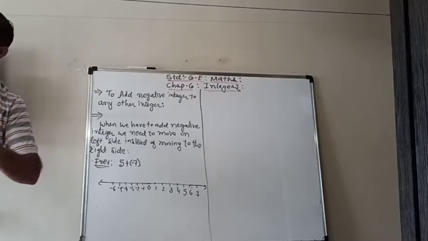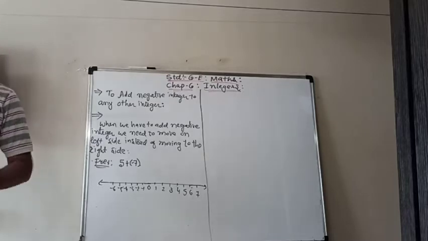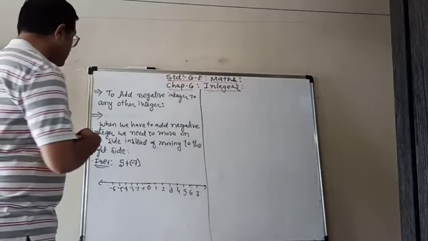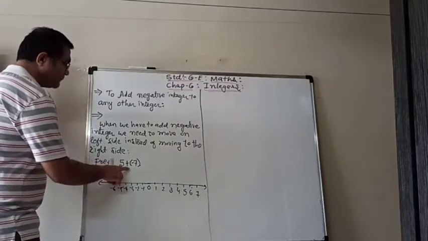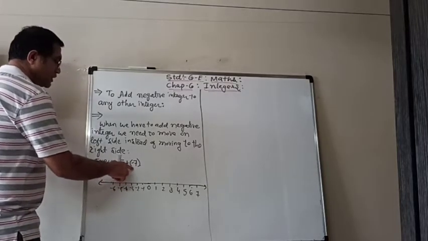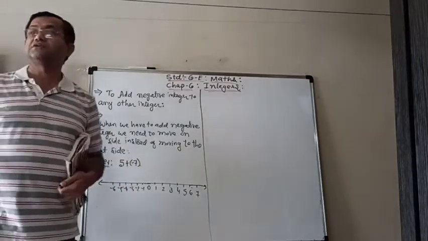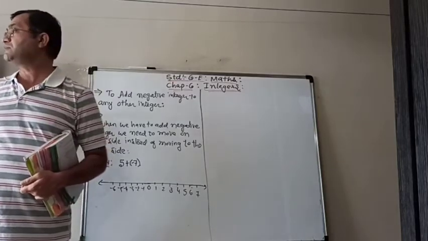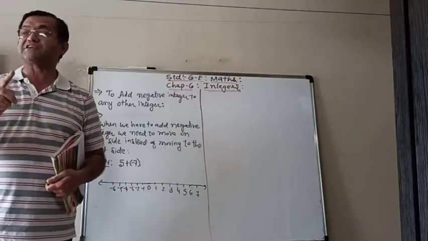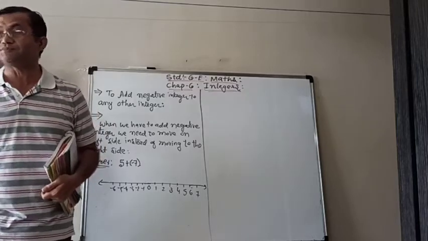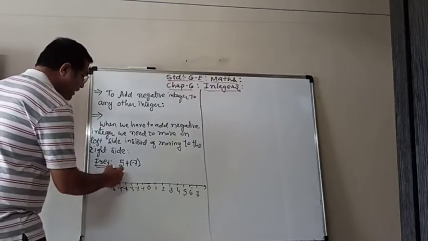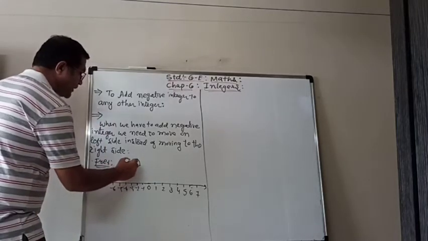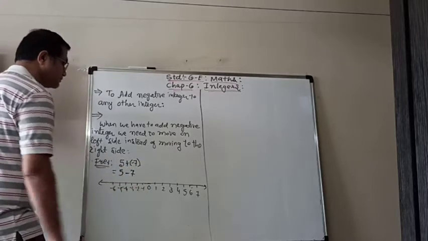Or you can convert it into subtraction also. You know how? We know that when two signs are together, plus minus or minus plus, then it becomes minus. So you can write directly like that also, 5 minus 7.